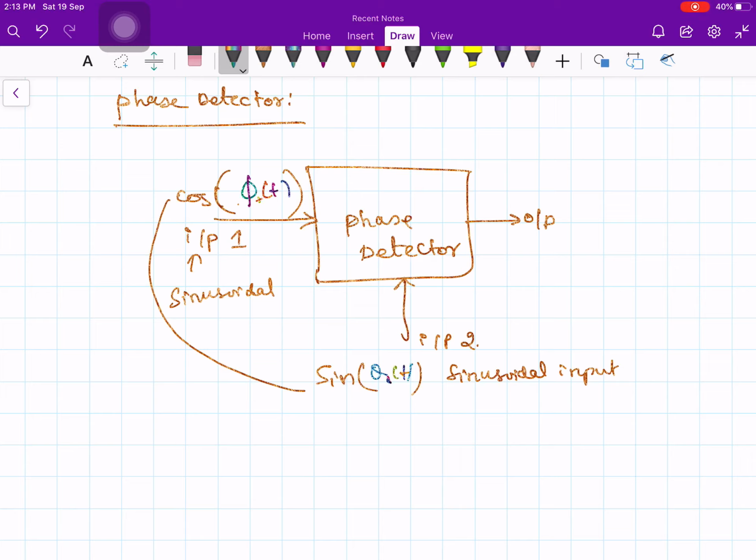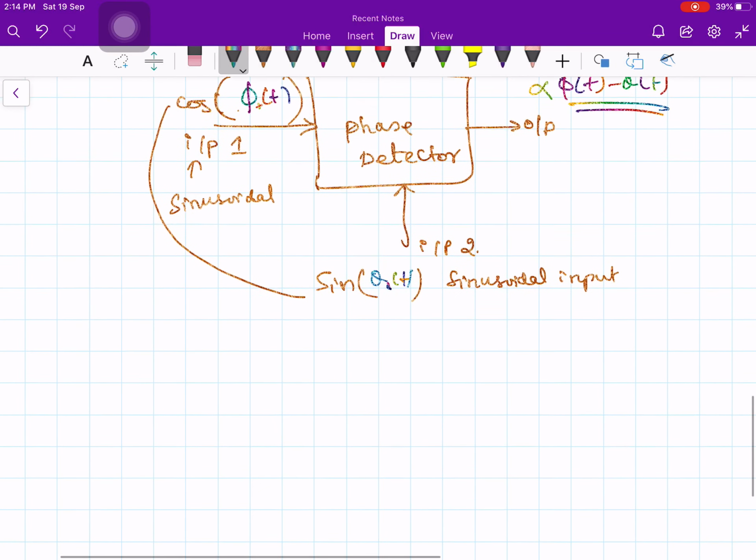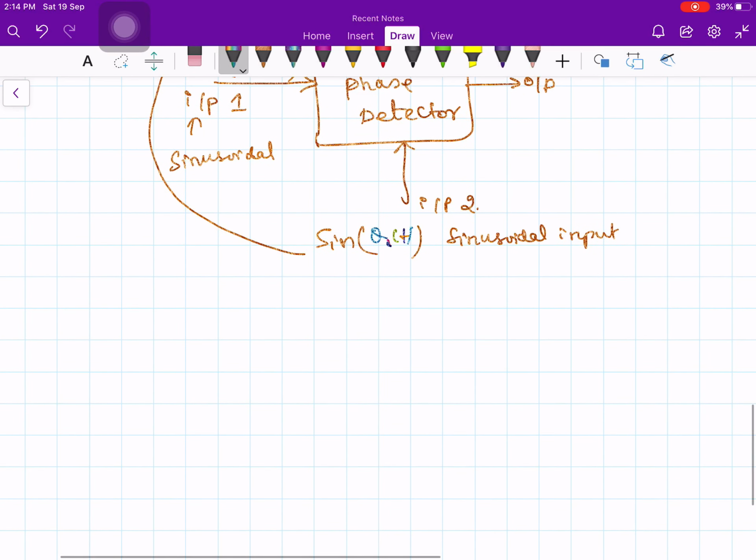So the output of your phase detector would be proportional to the instantaneous phase difference between these 2 inputs. That is why we call it a phase detector. The output of the phase detector is given to a loop filter.